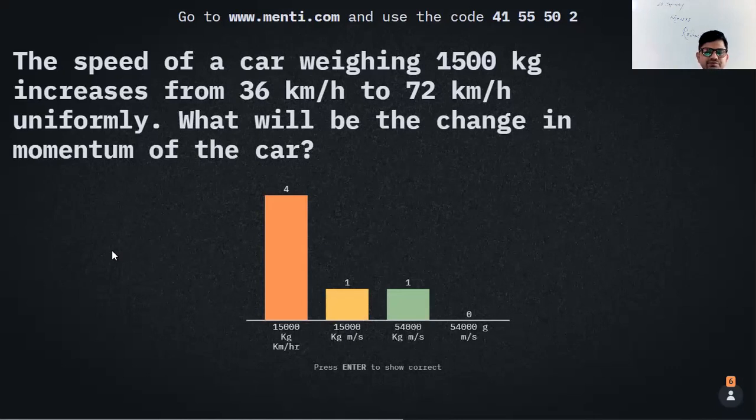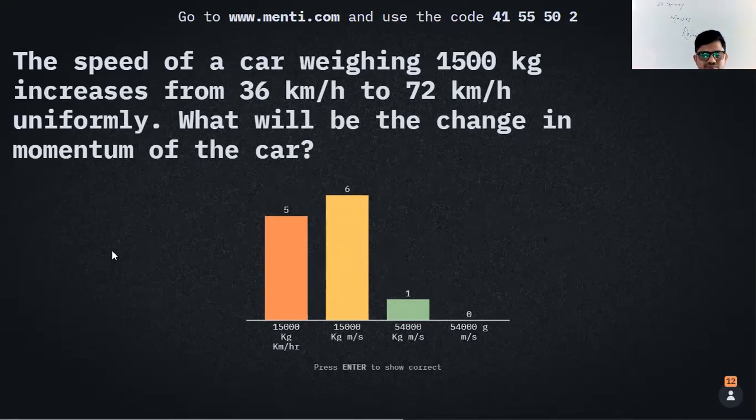So I've got total 6 answers, 4 for option A, 1 for option B, 1 for option C, now 2 for option B, 5 for option A, total 14 answers I have got.